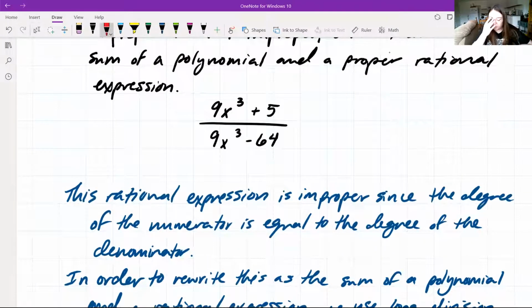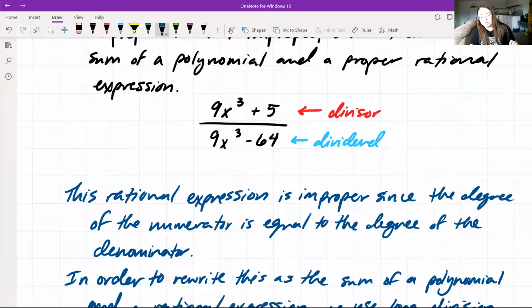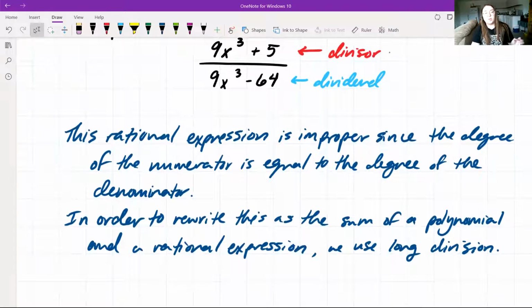Just a quick reminder, when using long division, your numerator is your divisor and your denominator is the dividend. So your divisor, or your numerator, is the one that's going to be dividing 9x cubed minus 64.